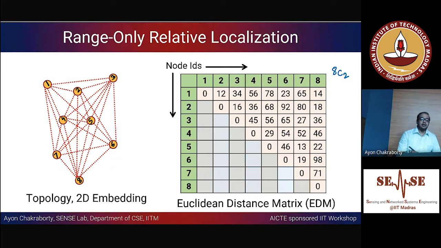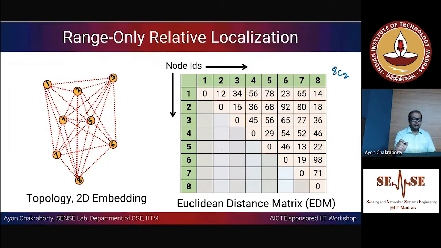And so you have an 8 cross 8 matrix on the right hand side, and I have already given you the entries of them. It's a symmetric matrix, right? I need not mention, because the distance between A and B is the same as the distance between B and A. Okay, so this lower left part is paired, right? But still you need 8 C2 different entries.